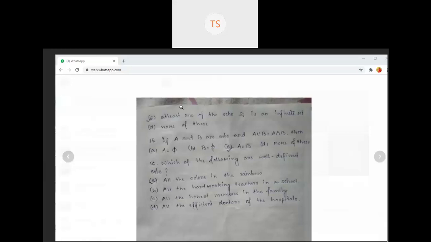Okay. Now, all of you tell me, are you clear about these questions? Why I have ticked these correct options? All of you clear? Or any doubts? Any question, any doubts?